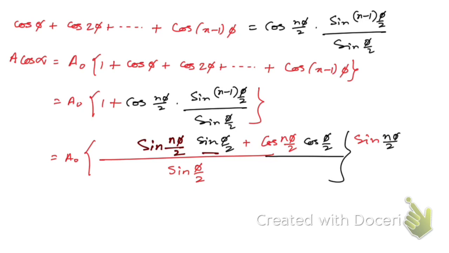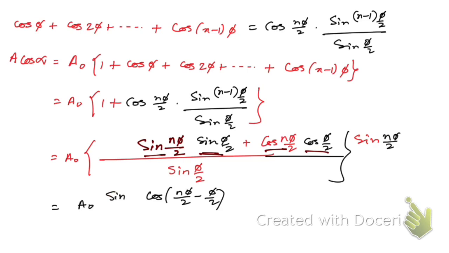Now here you can see this is cos A cos B plus sin A sin B, that means cos A minus B form. So we can write A naught is equal to cos n phi by 2 minus phi by 2, and we can write this sin n phi by 2 also here. So let me write that one first.